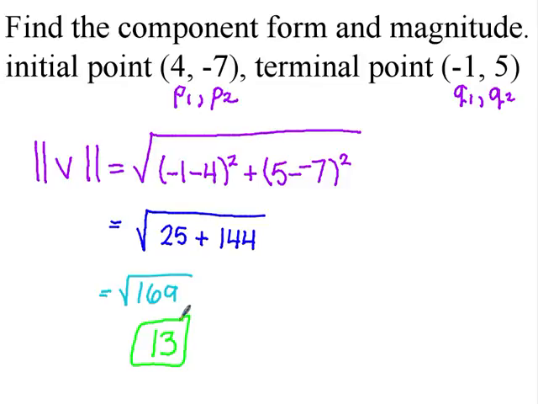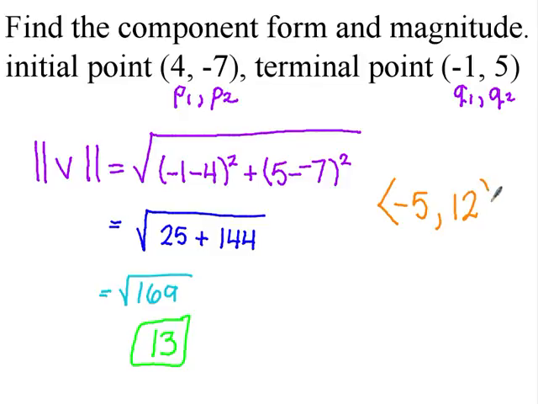Now we're going to find our component form. To find the component form, all you're going to do is subtract the x's. What do you get when you subtract the x's? Negative 5. What do you get from the y's? 12.